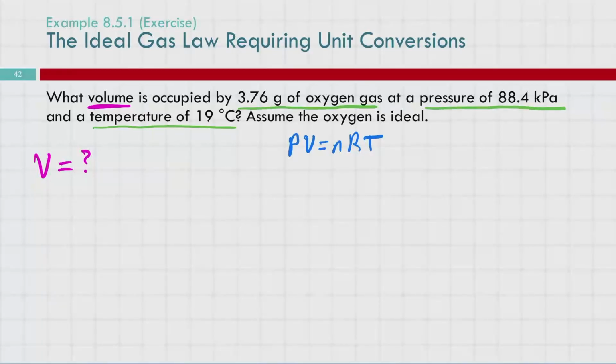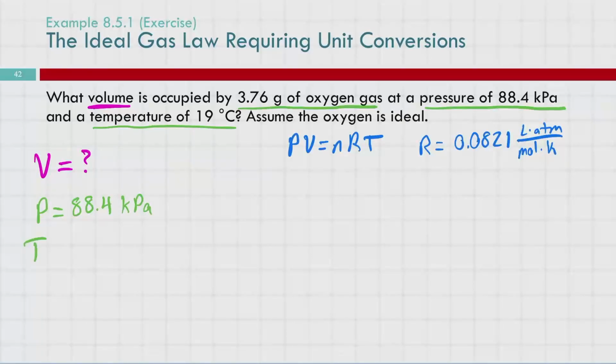Okay. Our R value, as a reminder, has units of liters times atmospheres per mole Kelvin. So we've got a pressure we were given, 88.4 kPa, kilopascals. Our temperature is 19 degrees Celsius. What do we need to convert those to? What do we need to convert kilopascals to? We need to convert it to atmospheres.